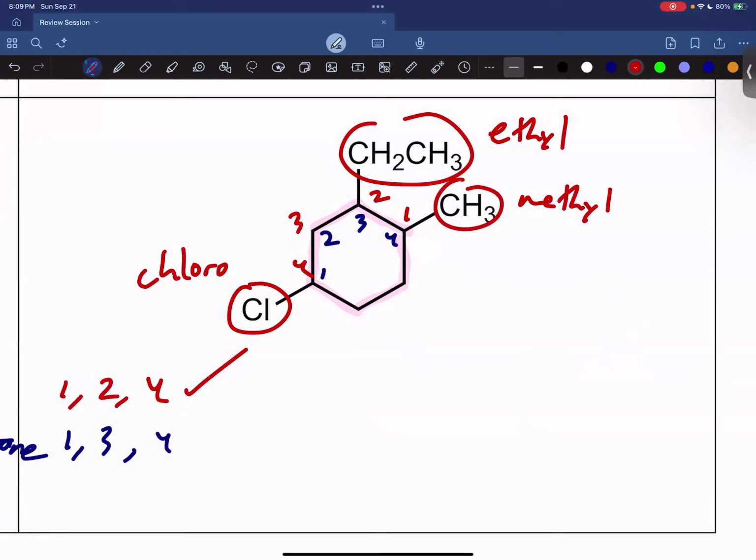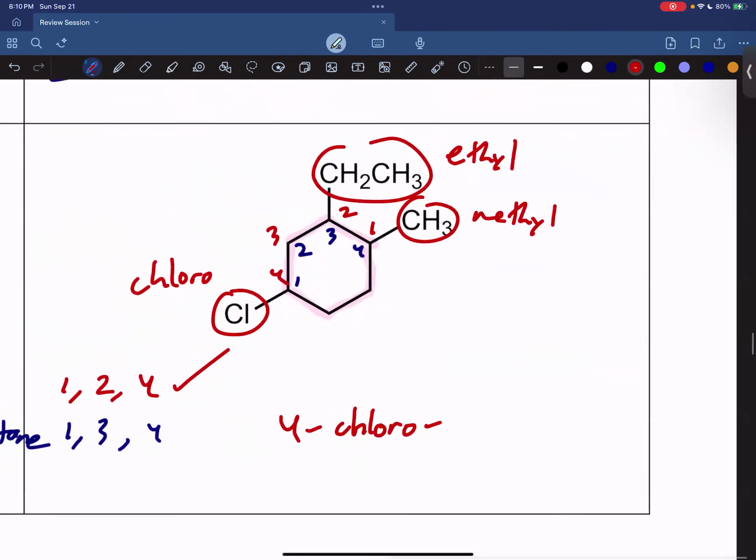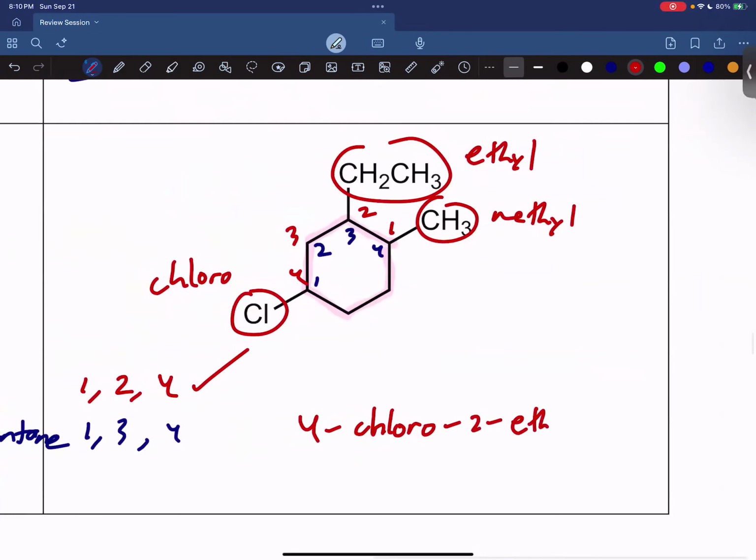When you're writing out the words with the branches, you have to put them in alphabetical order. So for chloro, even though it's the 4th branch, you want to put it first. What comes next alphabetically? Yes, so you put ethyl next, and then you're left with methyl.